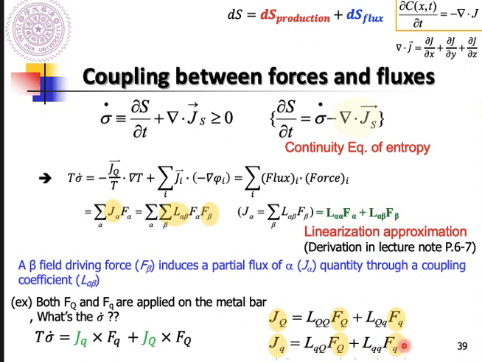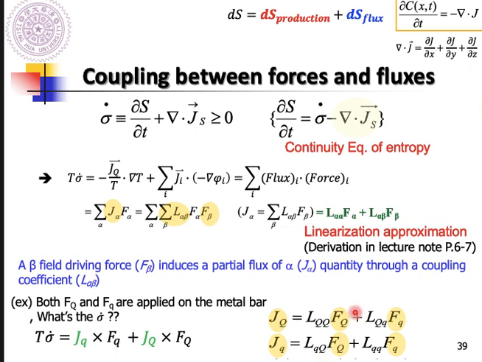The current is directly driven by the electrical potential gradient, but because there exists a temperature gradient, it also contributes some amount to the current you measure in your system. So this L small q capital Q is what we call the coupling coefficient. Some people will ask how much the temperature gradient, F capital Q, contributes to the electrical current. That will be given by L small q capital Q.